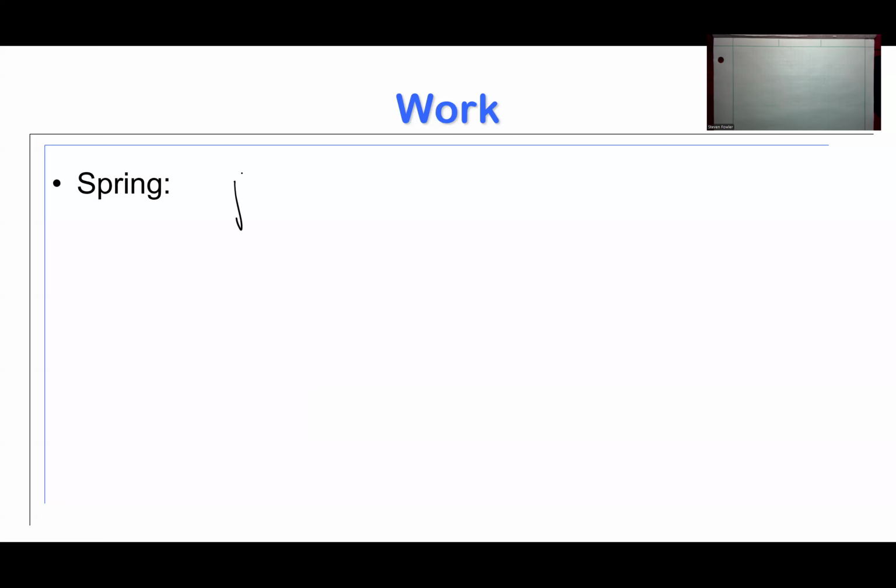Occasionally, you will encounter a spring. If I have a spring, that's a variable force. Force is based off of the stiffness of the spring, the Hooke's law constant, times the S value, how far you've compressed or stretched the spring.